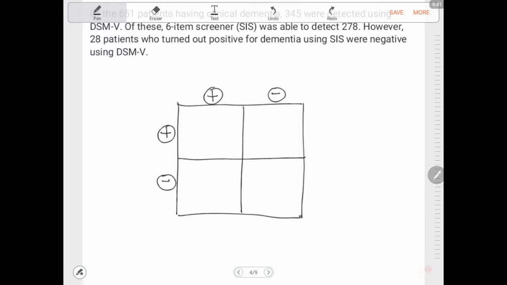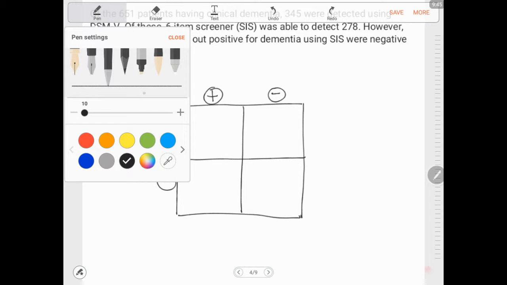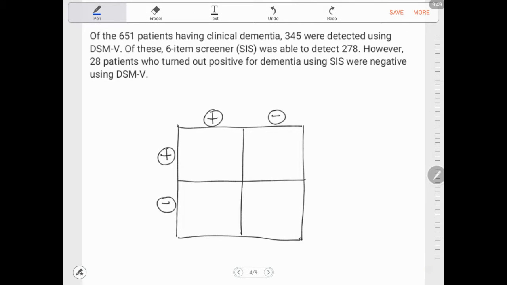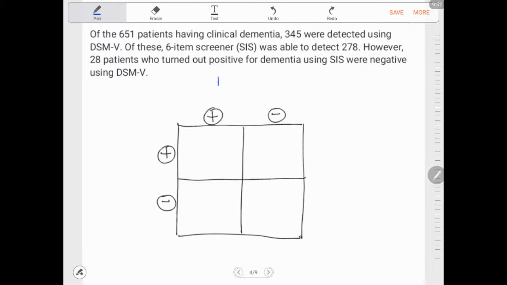Okay? So, say for example, dito sa ating problem, we have here DSM-5 for dementia. Kasi siya ang gold standard eh. Okay? And then this one is SIS for dementia.